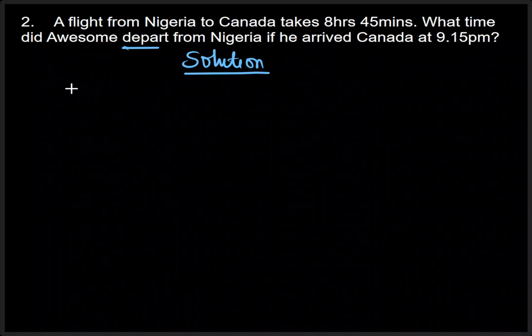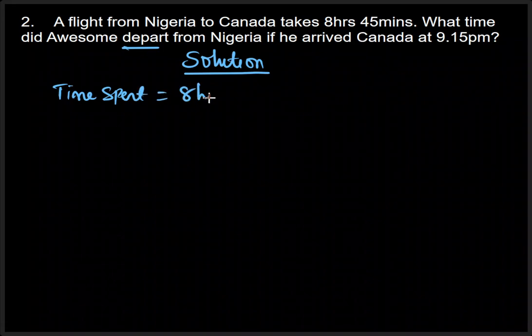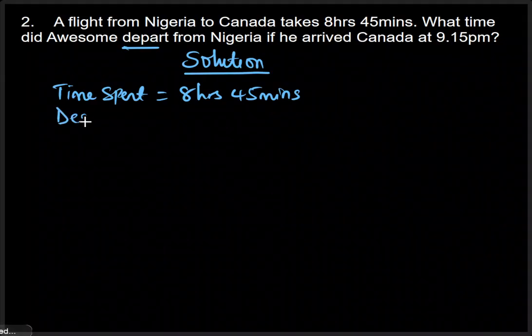So let's look at that. What do we see? We have it takes 8 hours 45 minutes. That's our time spent. Our time spent equals 8 hours 45 minutes. And then the destination time, take note of that.